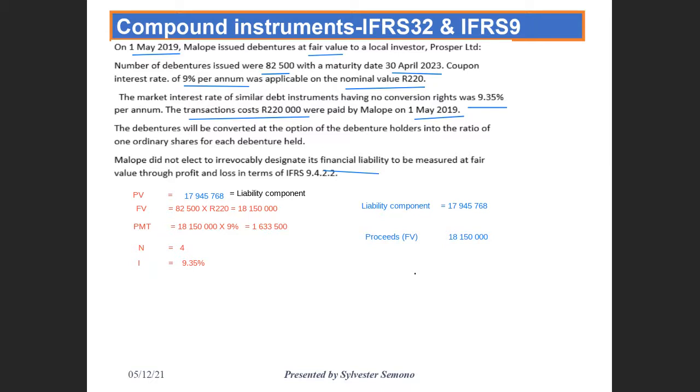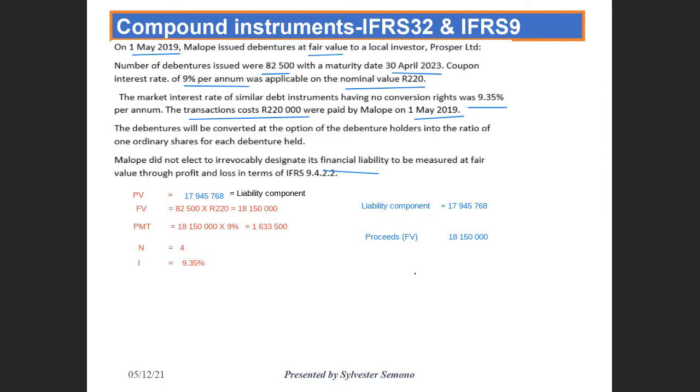So meaning, if I take my proceeds and minus the liability component, I will get my equity component. Can you see now? So let me just change the color. So my equity component, and let me just put it here, will be the difference between the two.